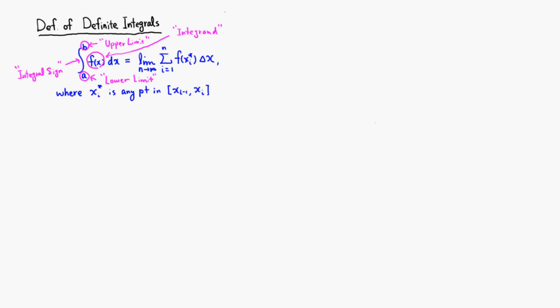This is defined just like the definition of area, and there's a name for this summation here. The summation is called the Riemann sum, named after a German mathematician. Oh, maybe I misspelled his name. It's actually Riemann sum.